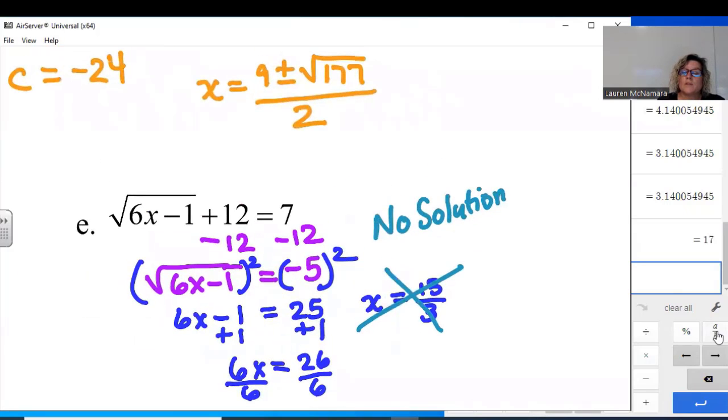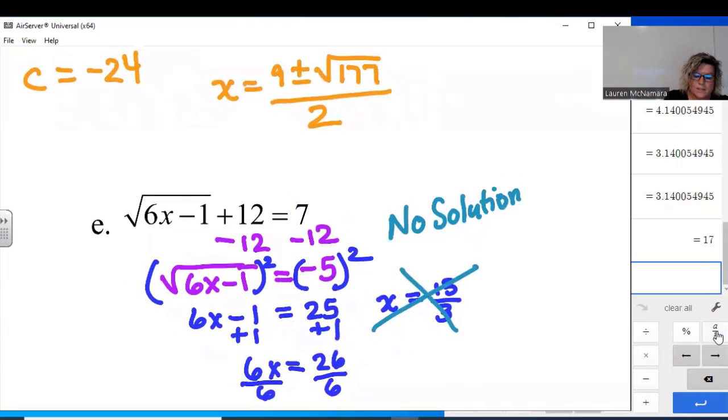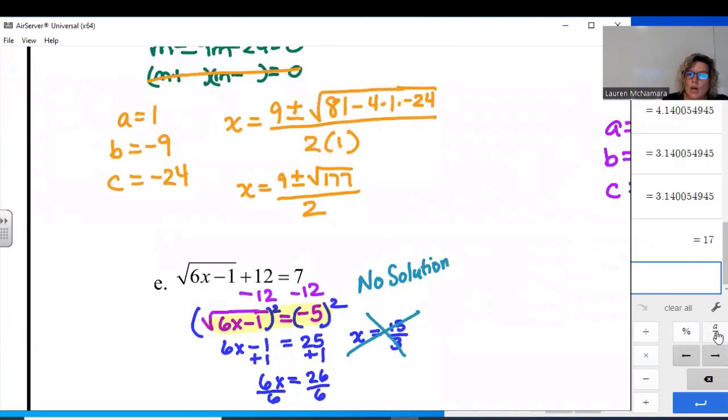Now, the reason why it's no solution is actually right here. I could actually stop right there and say, I know it's not going to work. Why is it not going to work?